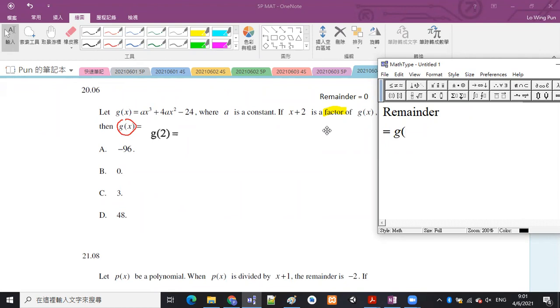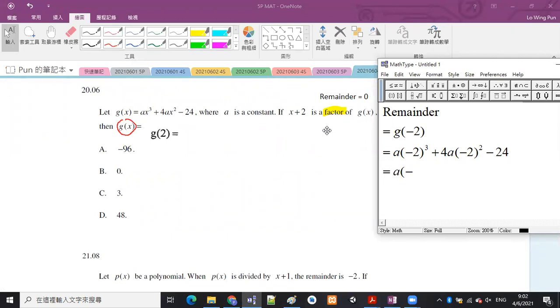What should I put into the bracket this time? If x plus 2 is a factor of gx. Negative 2. It's okay? So g negative 2. And we have the formula of gx, so it is a times negative 2 cubed plus 4a times negative 2 squared minus 24. And then just calculate the number first.